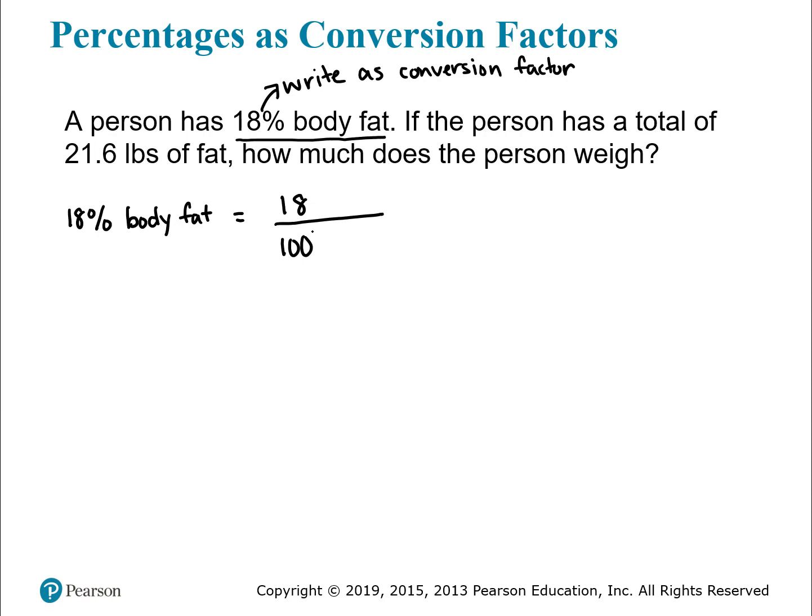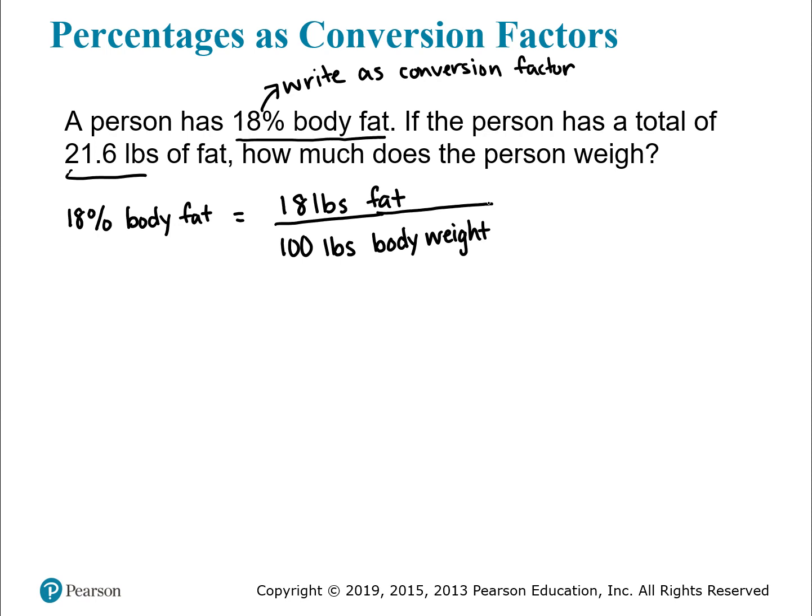But how do we take something like 18% body fat and make it into a conversion factor that's a little bit more helpful? Well, if our question is asking about 21.6 pounds of fat, then that means that if you have 18% body fat, 18 pounds of fat out of 100 pounds of body mass or body weight. That's what that 18% means. Is everybody with me so far?